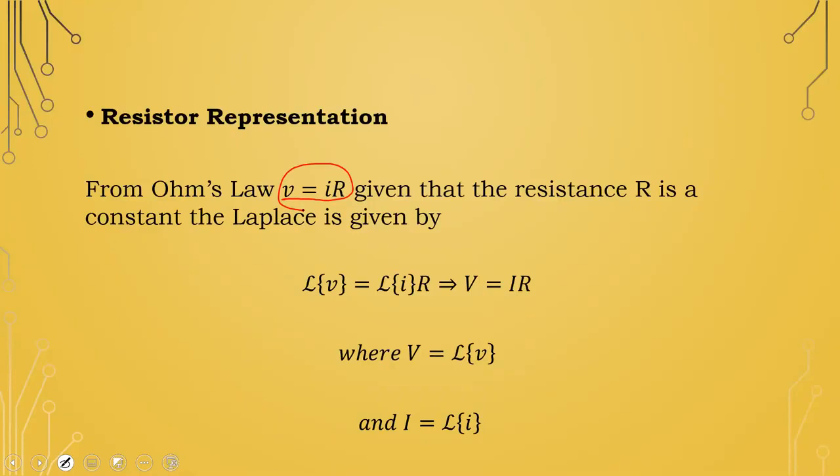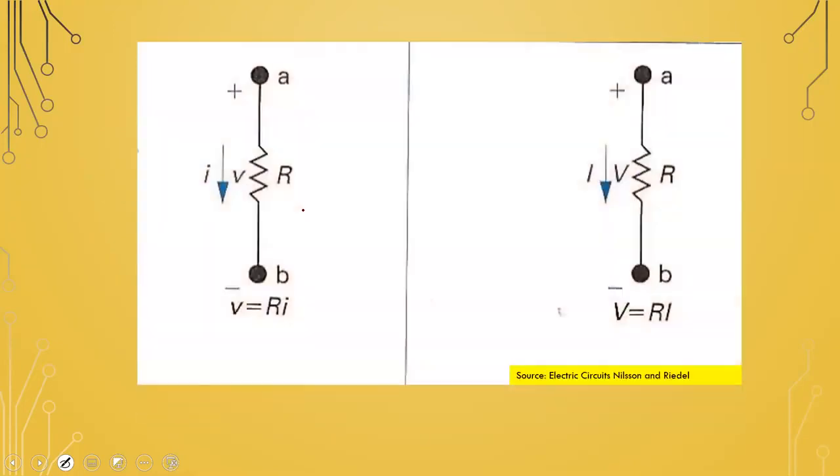All right. So what we have is that for the time domain, v is equal to Ri. So we have our resistor with a current passing through it, and the voltage is given by R times i.